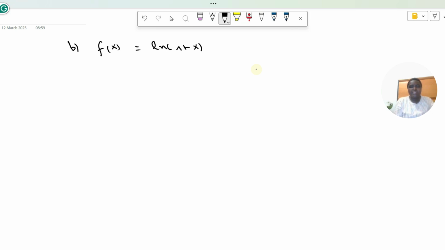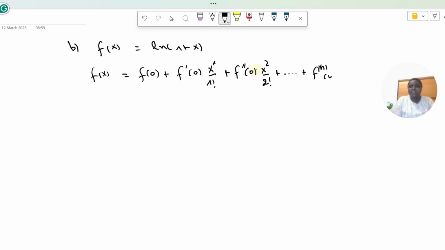And the MacLaurin expansion of this function f of x is a polynomial of the form f of 0 plus f derivative of 0 times x power 1 over 1 factorial, plus f second derivative of 0 times x squared over 2 factorial, and so on, plus f derivative of order n in 0 times x power n over n factorial.